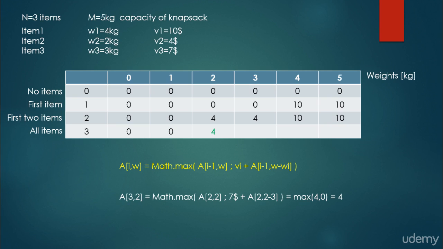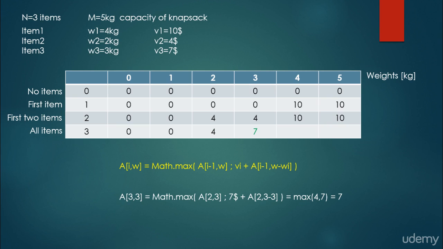The next item is going to be 4, because we calculate the max. The second row index and second column index, there's a 4, and because the index is less than 0 on the second expression, so we take the 4 because it's greater than 0. Then it's 7. Why?